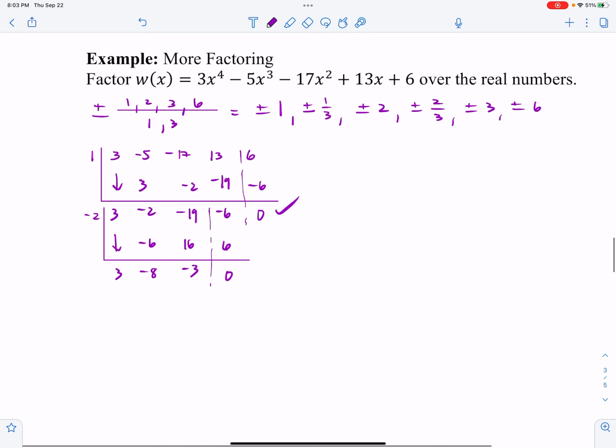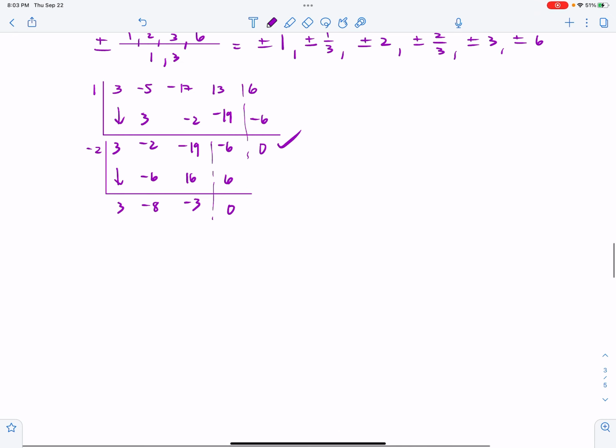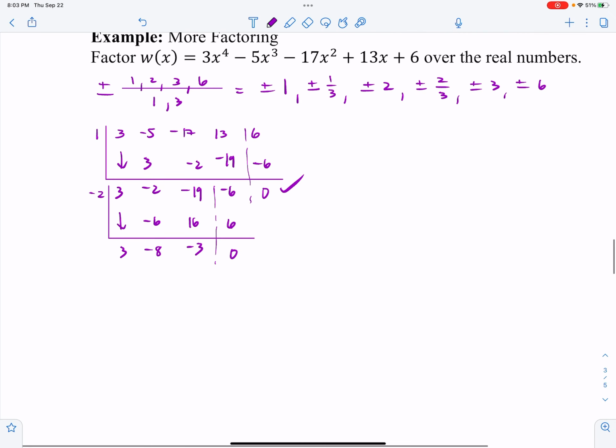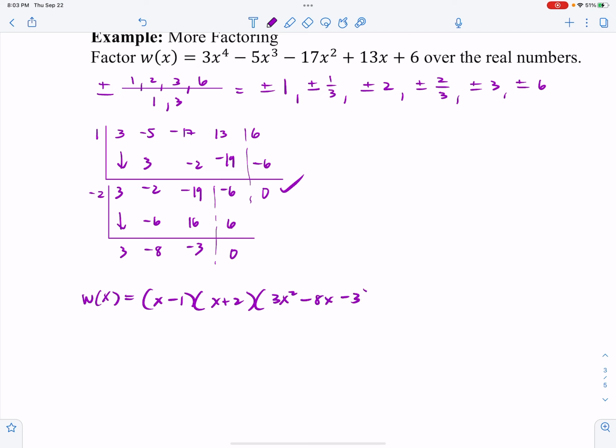It works. Okay, and now we're down to a quadratic factor, which you could factor using guess and check. So we'd get w of x is x minus 1 times x plus 2 times 3x squared minus 8x minus 3.